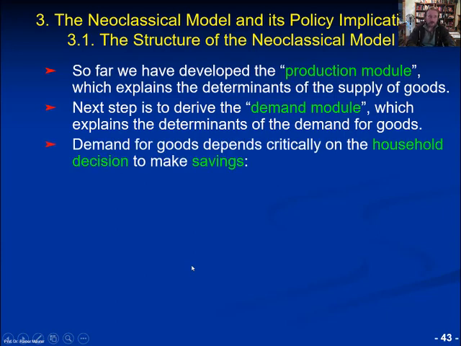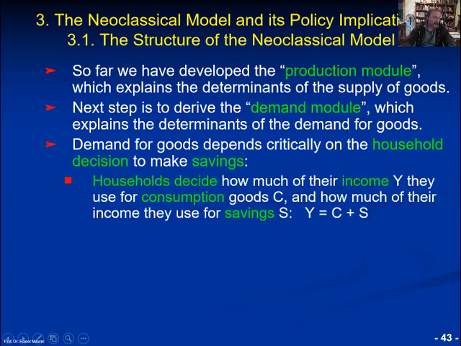Demand for goods depends critically on the household decision to make savings. Households decide how much of their income, which is equal to GDP under the current assumptions, they use for consumption goods and how much of their income they use for savings.